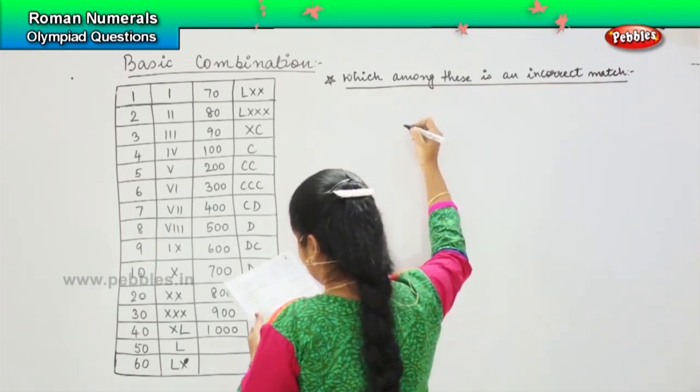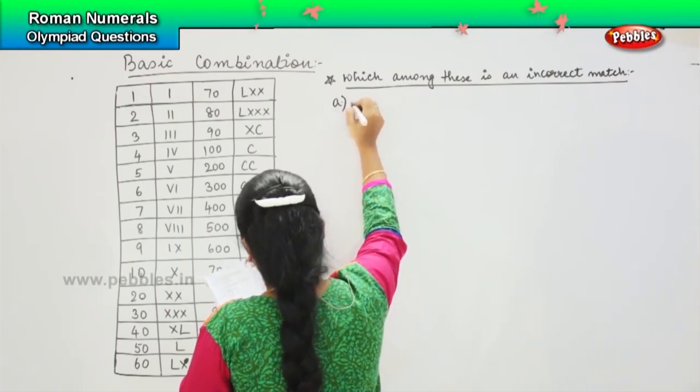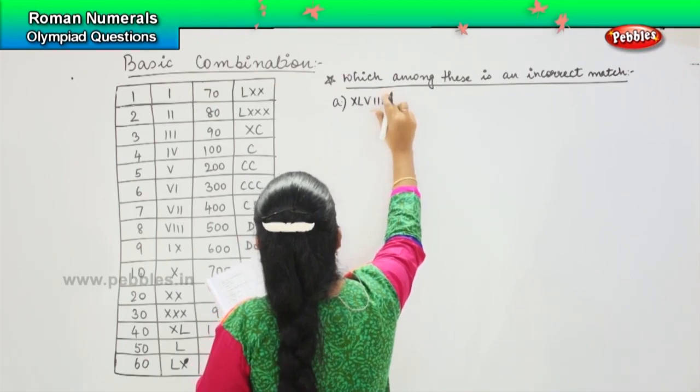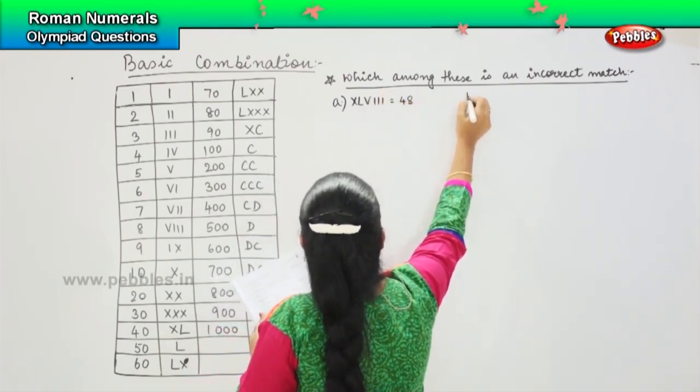Okay, and your options are option A, XLV, which is equals to 48.